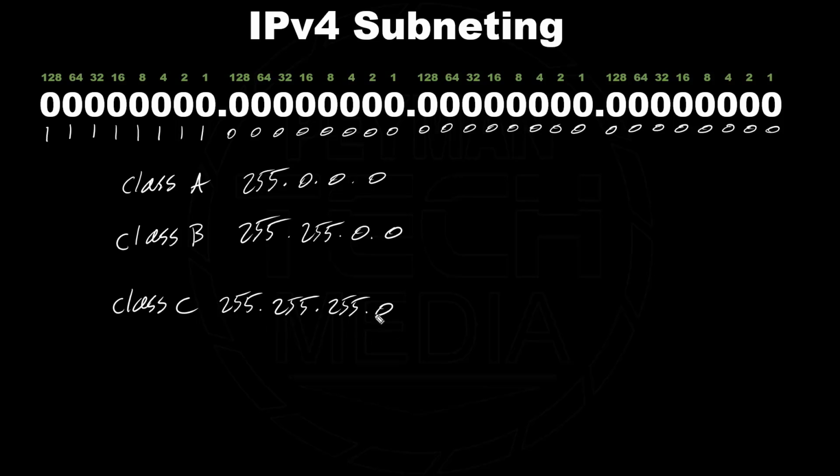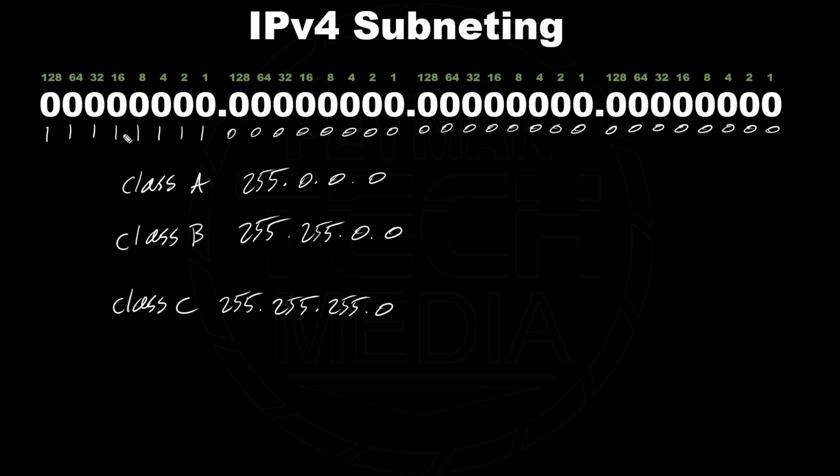Therefore, it gives us only the last octet for the host. So in Class C, we have 8 zeros in the last octet, 8 bits for host, and 24 bits for network. In Class B, 16 bits for network and 16 bits for host.